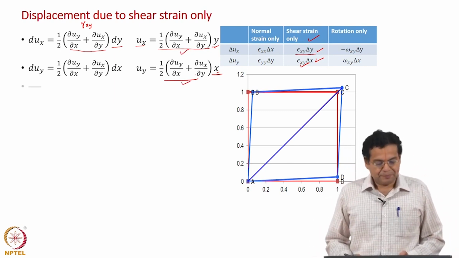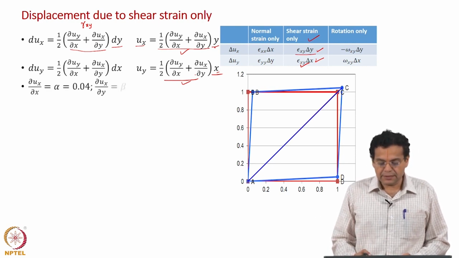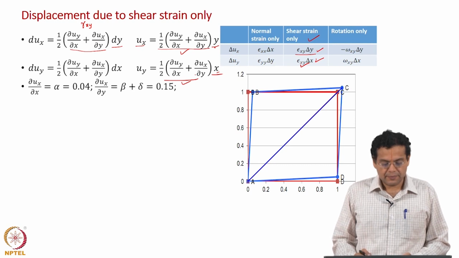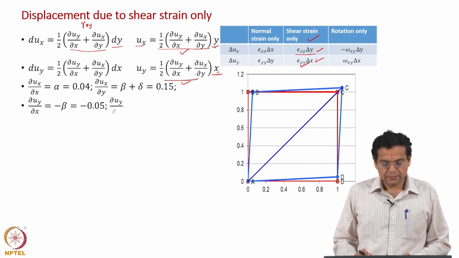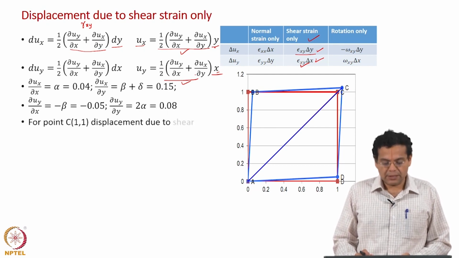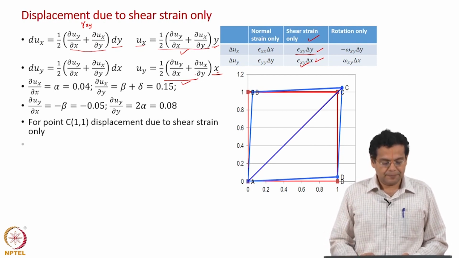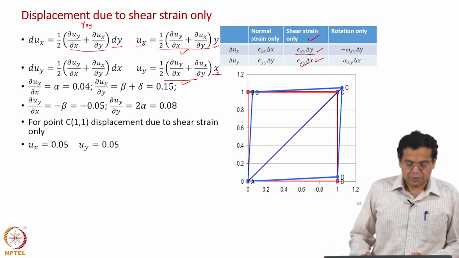Now, let us get all the values of the gradients from the previous slides. Other two gradients are here. So now for point C, which is 1 comma 1, displacement due to shear strain only. How do you calculate?